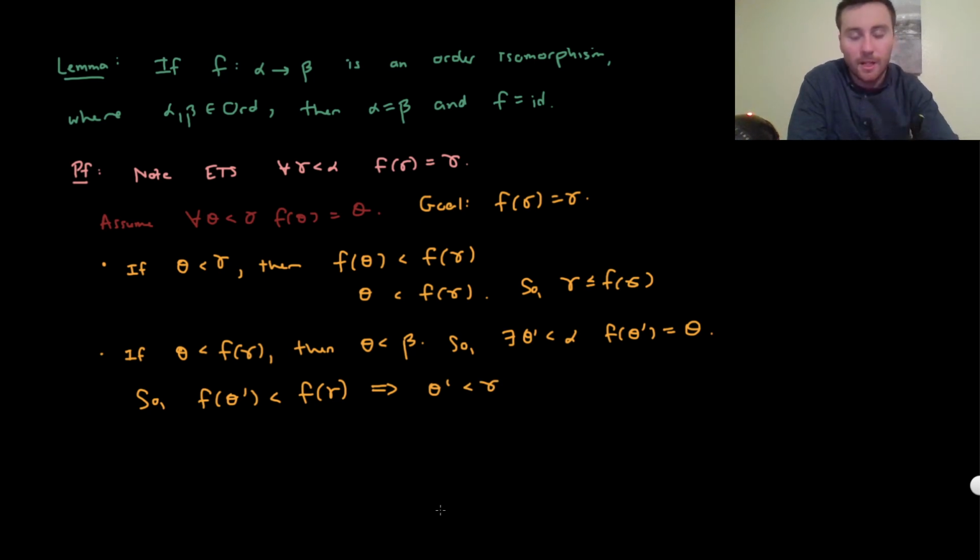Okay, that's just doing the backwards direction of the order preserving part of the order isomorphism definition. Well, what can we say from this? Now we can use our induction hypothesis. We know that for every single theta less than gamma, f of theta is equal to theta. Well, we have theta prime is less than gamma, so it must be that f of theta prime is equal to theta prime.